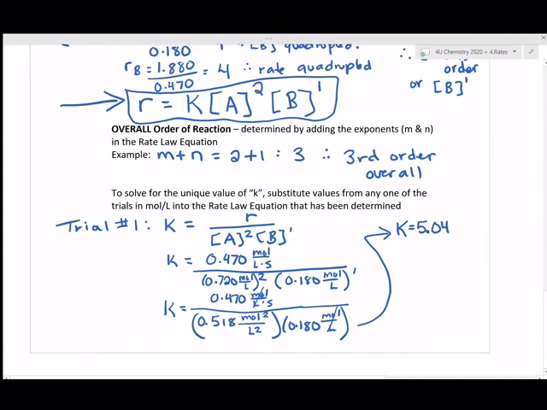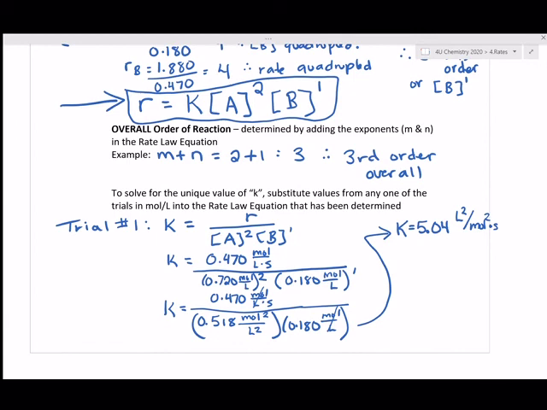And if you think back from math, if you have a fraction over a fraction, you invert and multiply. So what you'll end up with is liter squared per mole squared seconds. And that weird unit for the constant is necessary to make all these other units cancel out so that we end up with rate in moles per liter per second, because that was what rate should be measured in.